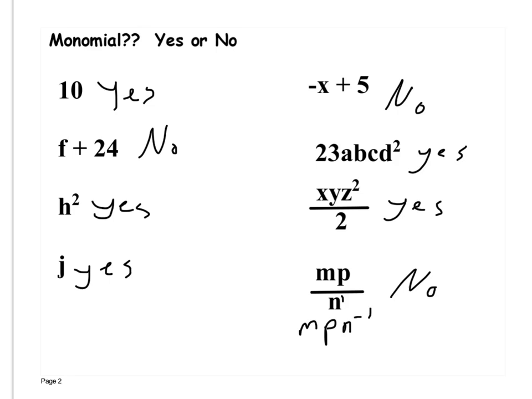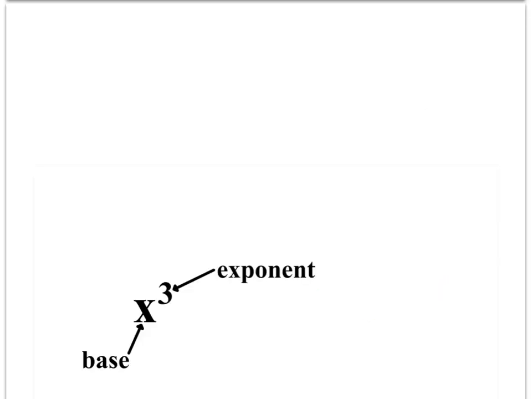This is the exact same thing as m p over n. Negative exponents flip it down and make it a denominator, and monomials can't have a variable as a denominator. They also can't have a negative exponent. So that's why this is a no.